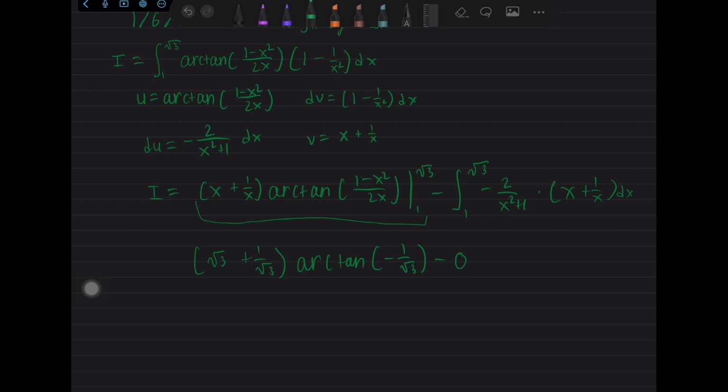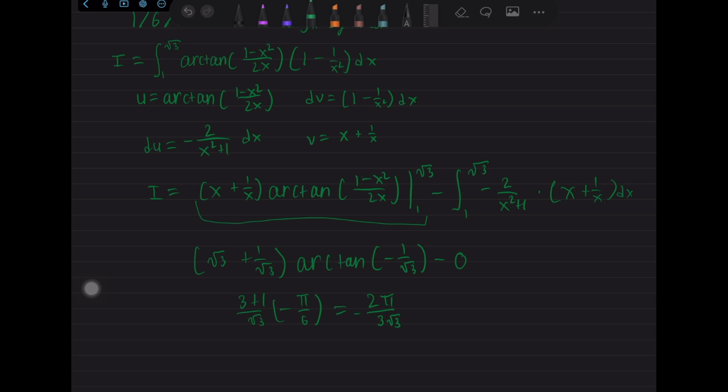Now let's simplify this. So we'll do 3 plus 1 over root 3 times arctan of negative 1 over root 3, well, that's negative pi over 6. This becomes negative 2 pi over 3 root 3.